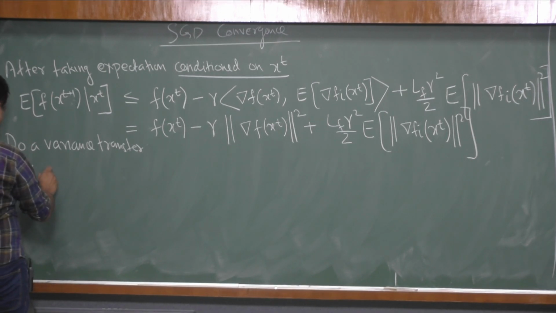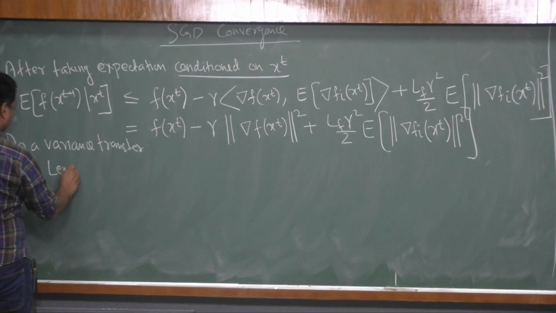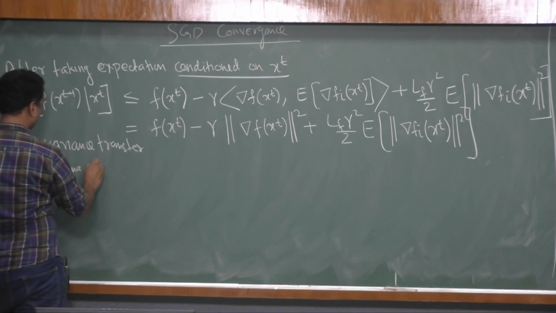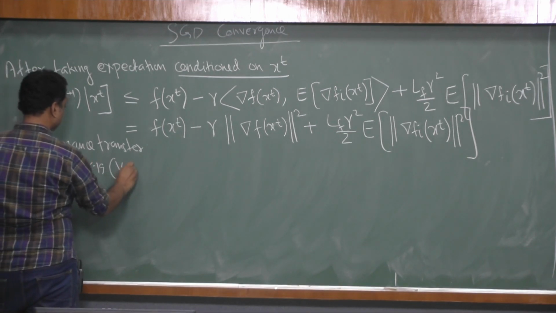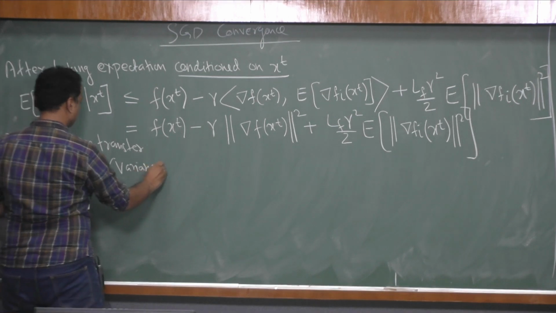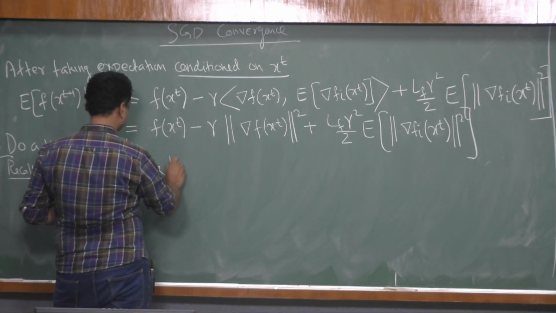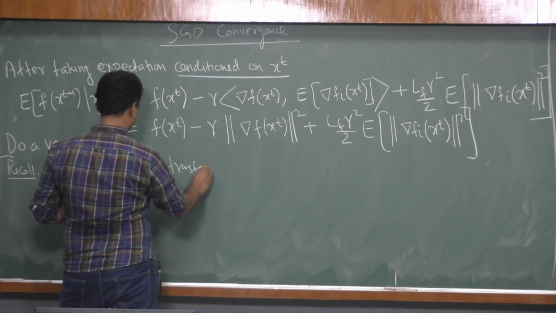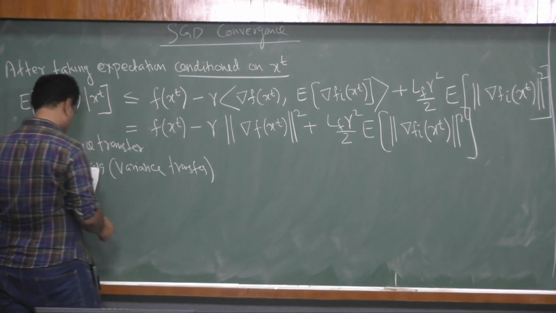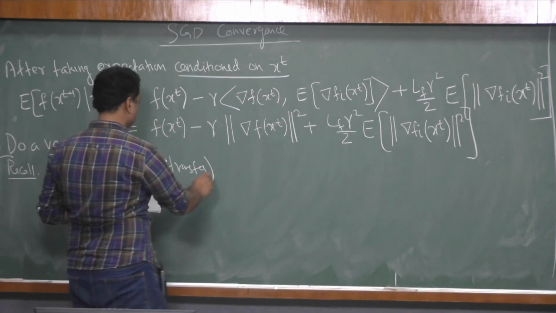So this was Lemma 4.19. This was variance transfer. Just keep writing it, repeat it. So recall this. Variance transfer, and this is for sum of L_max smooth.